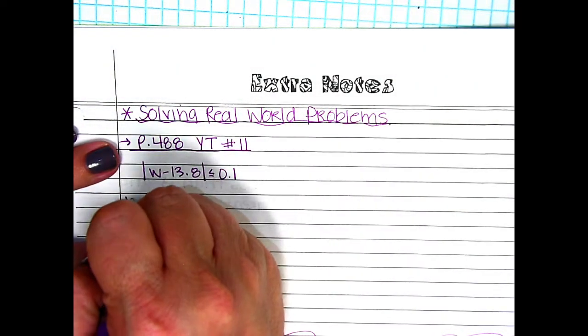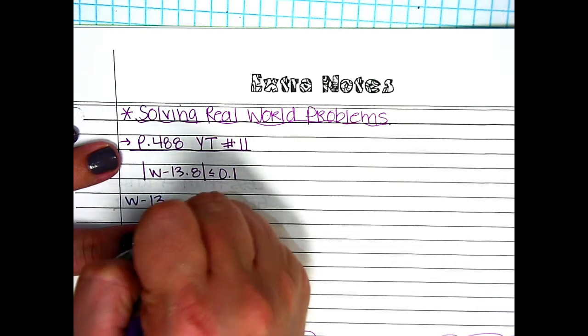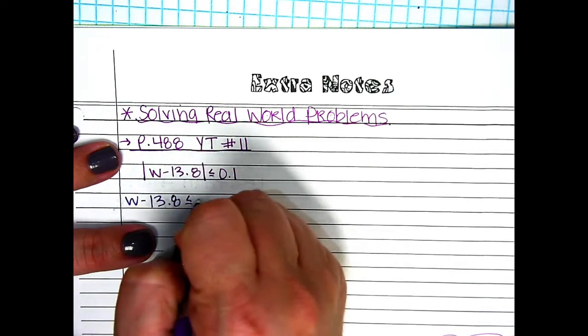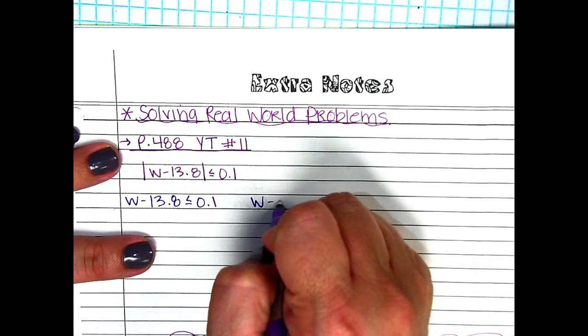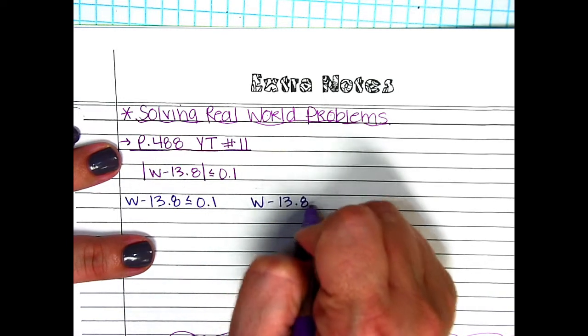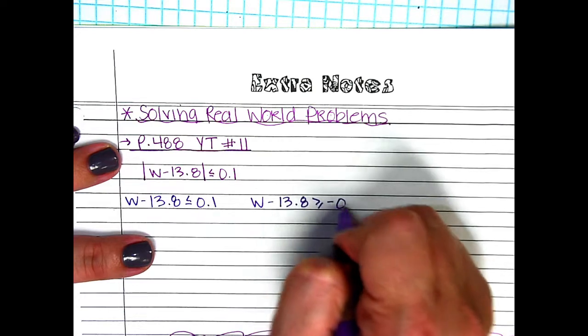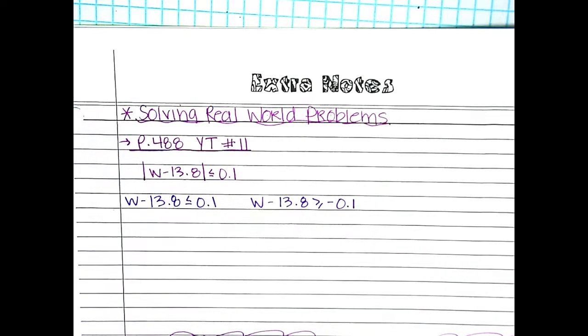So you have W minus 13.8 is less than or equal to 0.1, and W minus 13.8 is greater than or equal to negative 0.1.